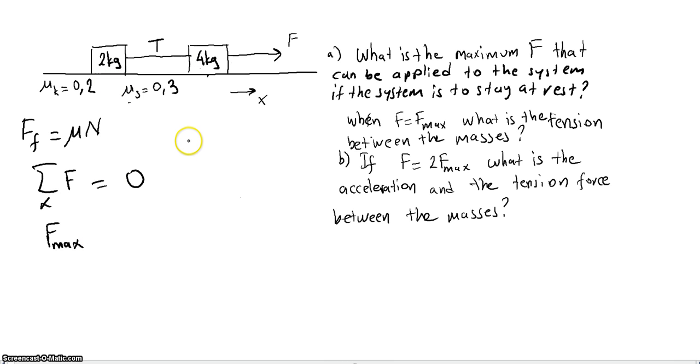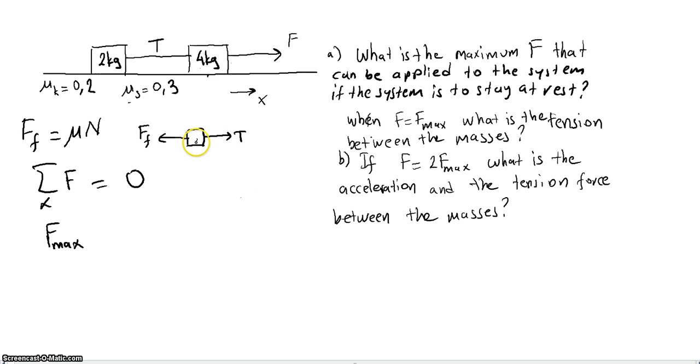Let's show the frictional forces on each block by drawing the free body diagrams. The 2 kilogram block is pulled by this tension, and of course there will be a frictional force in the opposite direction. The frictional forces are always opposite to the applied forces, or if it is in motion, always opposite to the direction of the motion.